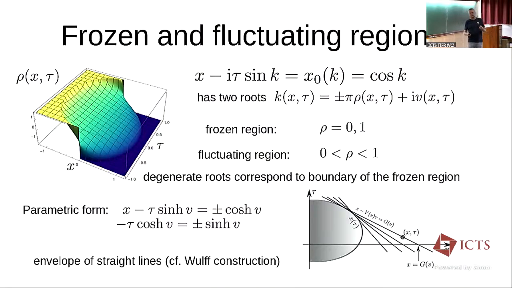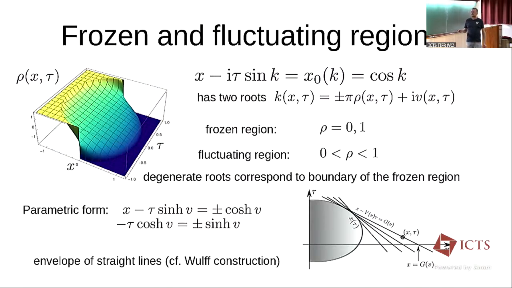boundary of the fluctuating region. In this way, I can take my k equals to, let's say, 0 plus iv, substitute in my equation, and it becomes a real equation. That's one equation to fix two variables, x as a function of tau, and the second equation is the condition for the degeneracy of the roots. In this way, I can represent my solution as an envelope of straight lines defined by the first equation as I change the parameter v.